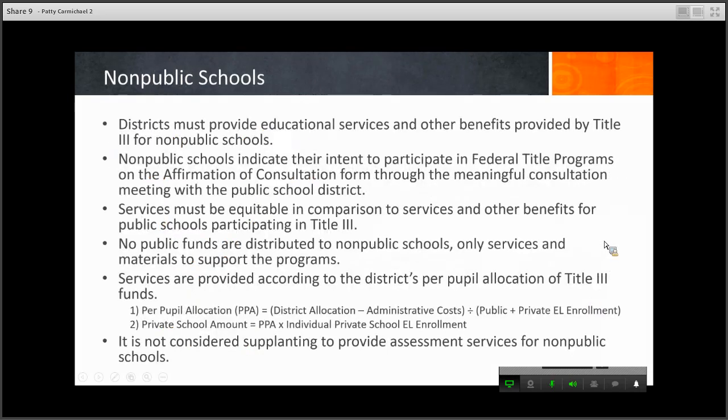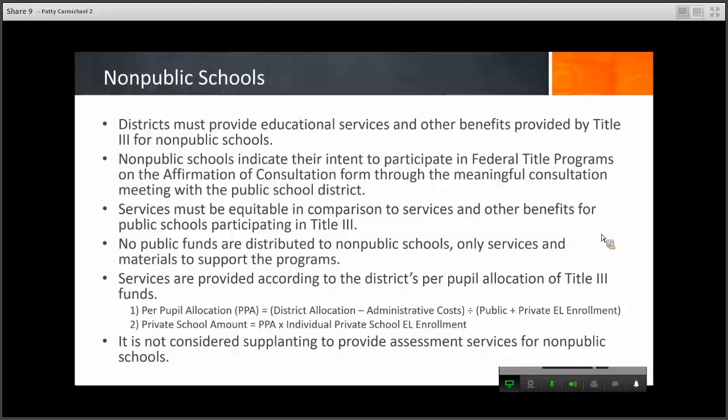Then a little bit on non-public schools. If you have a non-public school in your district, please understand that you must provide support to their English learners if the school is interested in participating. Now, they would indicate that on the affirmation of consultation that is done each year, usually in the spring of the year around April.